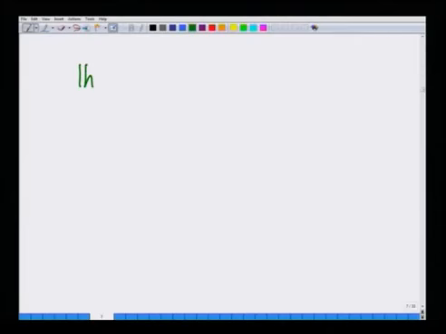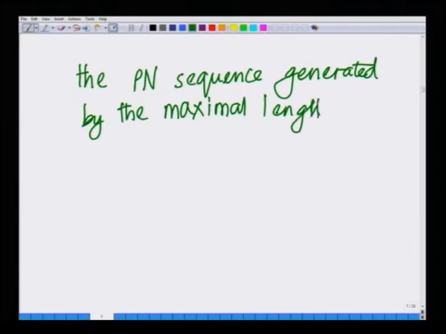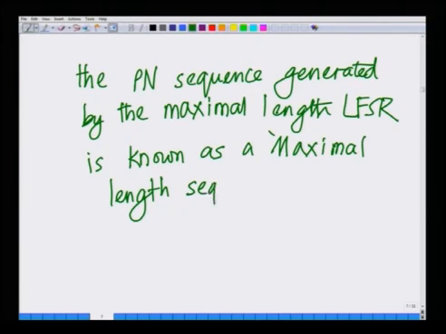So, the PN sequence generated by the maximal length LFSR is known as a maximal length sequence.